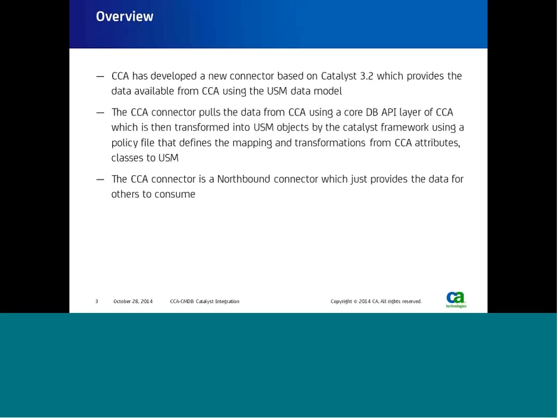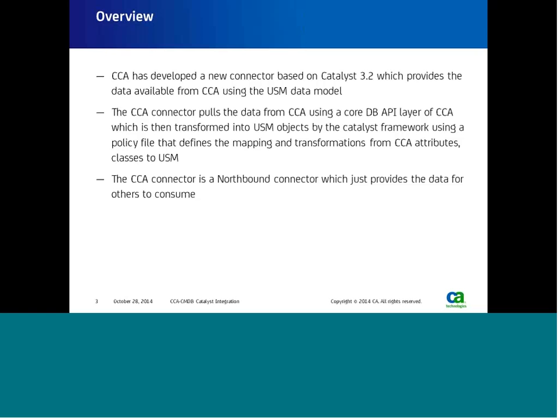We have developed a connector based on the Catalyst 3.2 framework. Catalyst works on a hub and spoke model where Catalyst is the repository. The data model is the USM model. Whatever is discovered from CCA or any connector, it can publish the data to Catalyst or pull the data from Catalyst.